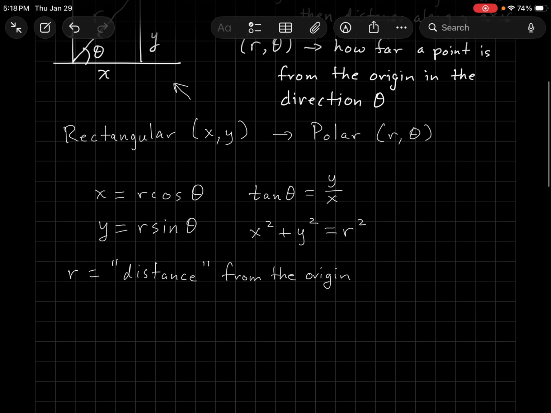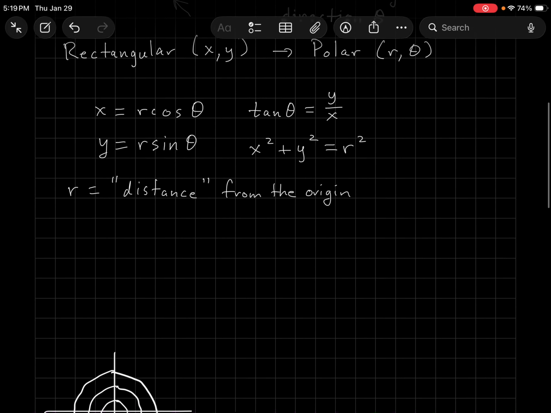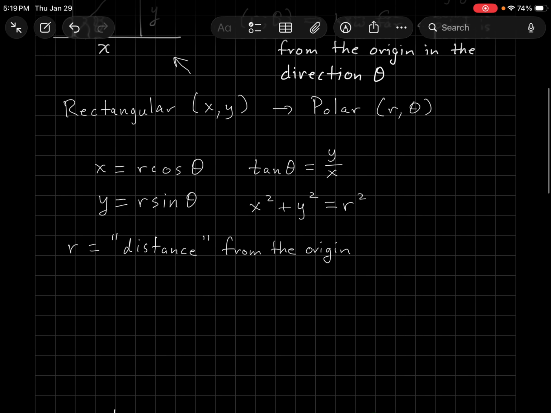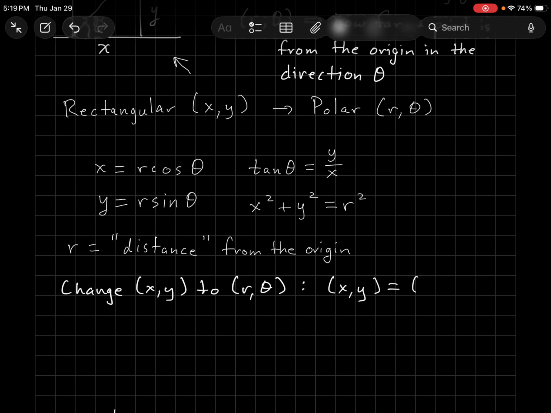So let's do some transformations, if you would. Let's start by changing rectangular xy to polar r theta. With one simple example, let's let xy equal the point 1 comma root 3.